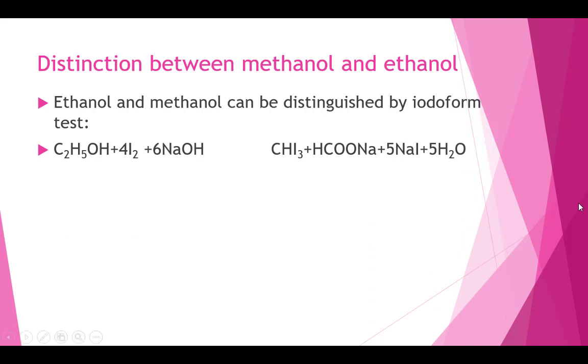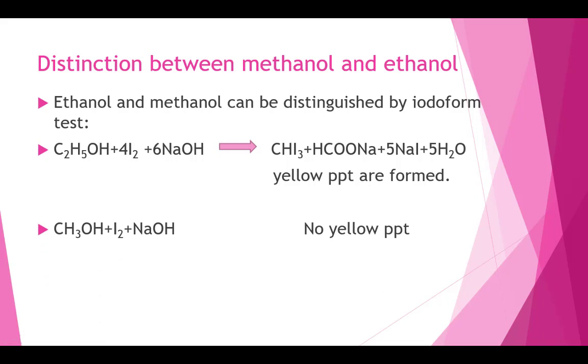Ethanol can react with iodine and sodium hydroxide, and it can be converted into iodoform, sodium formate, sodium iodide, and water. And yellow precipitates of this iodoform are observed. When ethanol reacts with iodine in the presence of sodium hydroxide, yellow colored precipitates are formed.